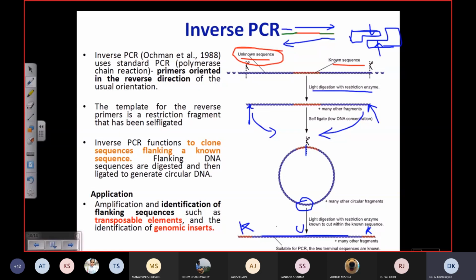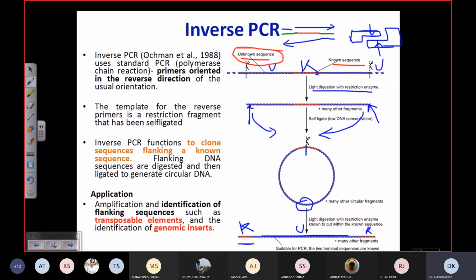When we have this kind of sequence, unknown in the middle but known at the terminal region, we can design primers which will attach to the known segment, right? So we know both the terminal regions, so we can design primers that can be added to this known region and can amplify this unknown segment, right? At the very beginning, the middle was known and the terminal was unknown.